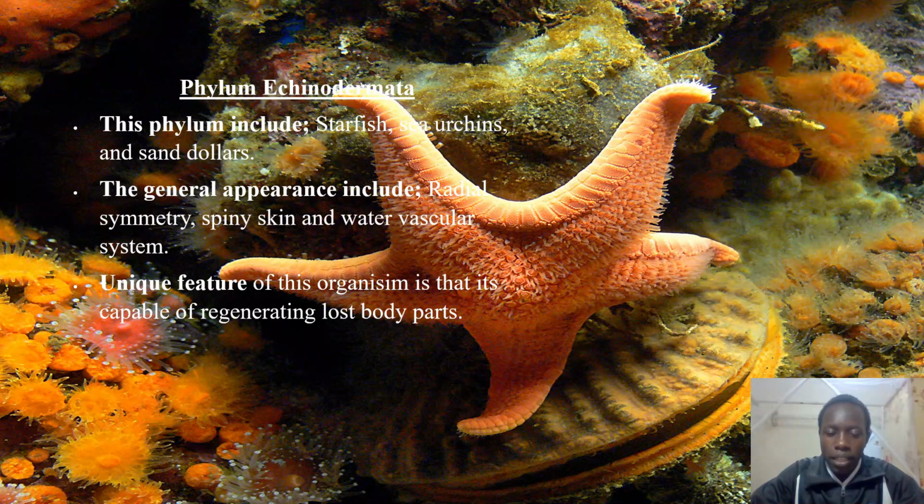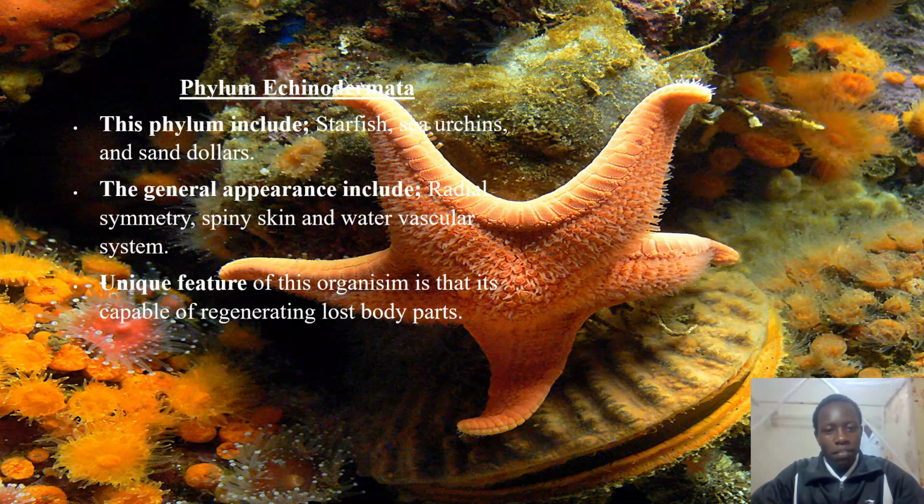Bilaterally symmetrical means organisms that can be divided into two equal parts that resemble each other. So some are bilateral while others are of radial symmetry. Like this starfish, it is of radial symmetry, because if you divide it, you cannot divide it into two equal parts that resemble each other.